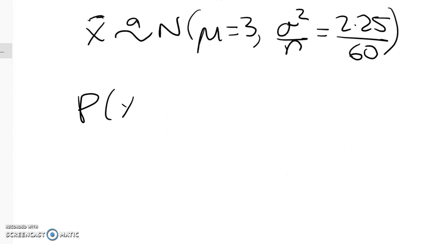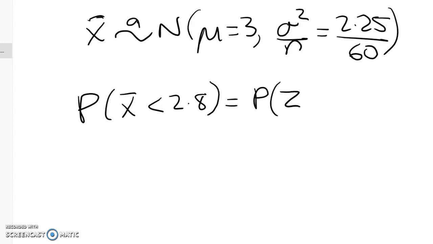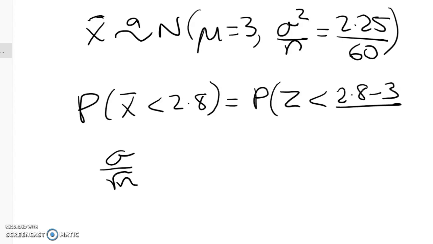So the probability that X bar is less than 2.8 is equal to the probability that Z is less than this. So we standardize as usual, 2.8 minus 3 over, remember that it's always sigma over root n, so it's the square root of 2.25 on 60.